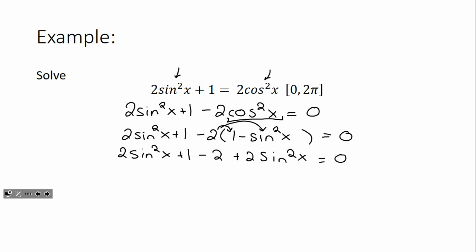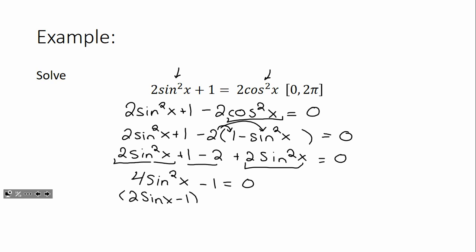We have like terms now, 2 sine squared x, 2 sine squared x. So we get 4 sine squared x. Right here we get 1 minus 2, which is minus 1, equals 0. And now we have a difference of squares. We're going to get 2 sine x minus 1, 2 sine x plus 1 equals 0.